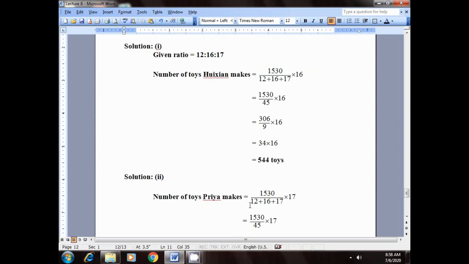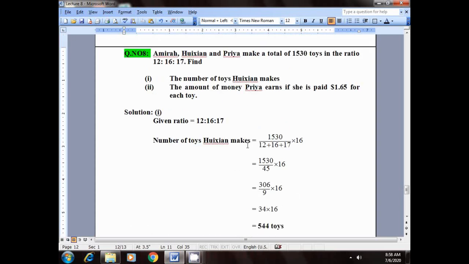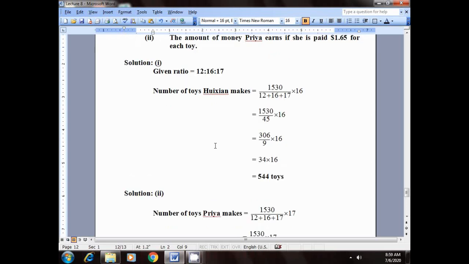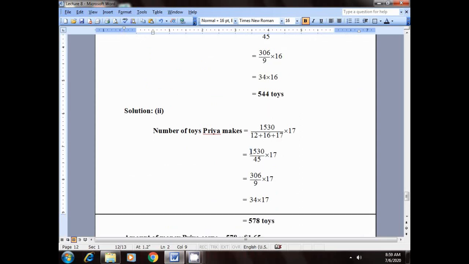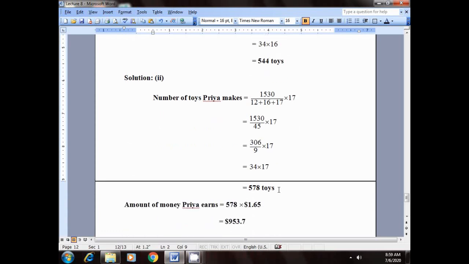So again, the sum of 12, 16 and 17 is 45. And then again both numerator and denominator are divisible by 5. So we get 306 divided by 9 multiplied by 17. Further, if we divide 306 by the denominator 9, the quotient will be 34 times 17. If we take the product of these two numbers, their product will be 578, which is the total number of toys Priya makes.